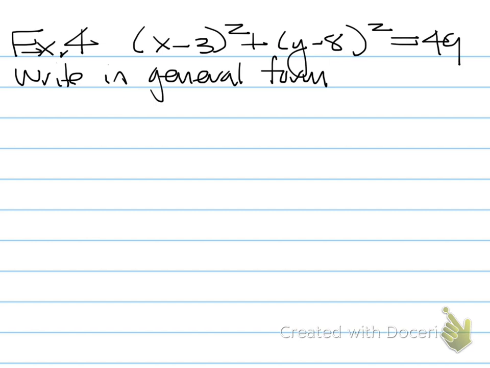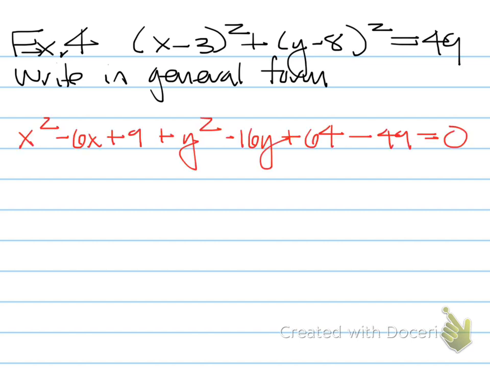Next example, we want to write this in general form. All right, so the first thing that we want to do is go ahead and expand each one of those binomial squares. When we do that, we get x squared minus 6x plus 9 plus y squared minus 16y plus 64, and then subtract 49 from both sides so that the whole equation is set equal to 0.